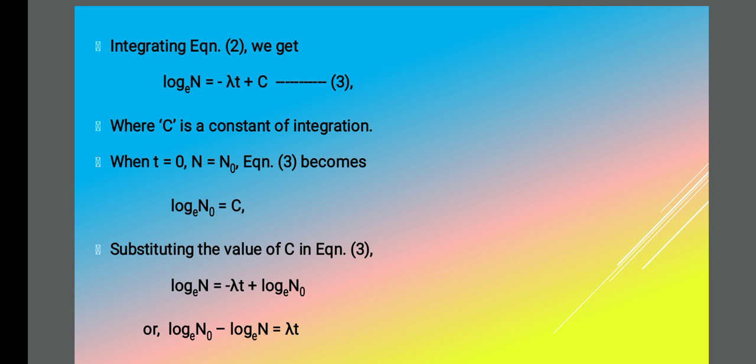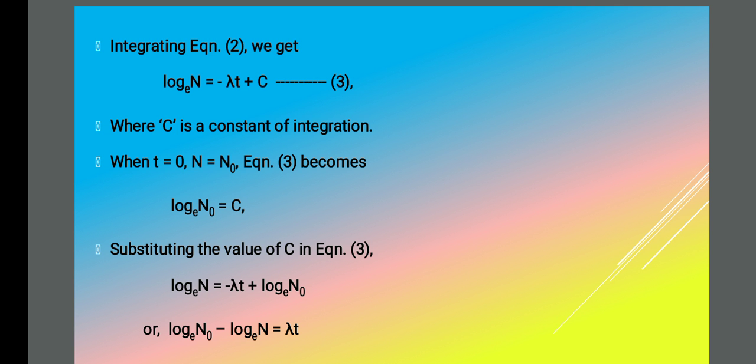You get the final answer as ln N will be equal to minus lambda t plus log e N0.